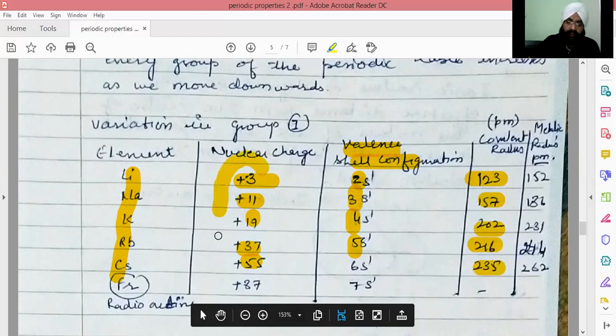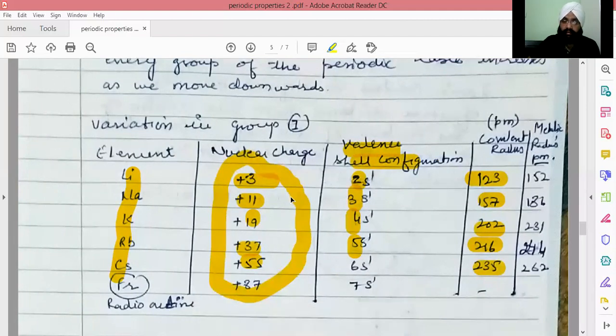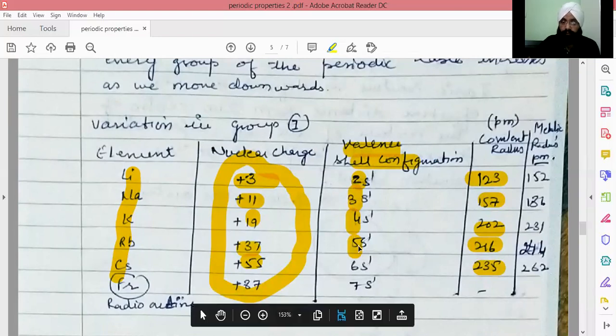There is an increase in the nuclear charge, but that is overcome by the increase of shells. So that's why the covalent radius increases down the group.